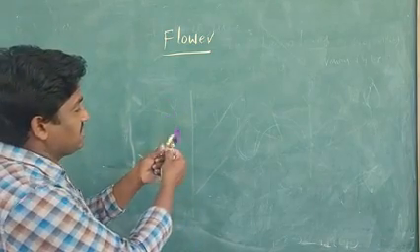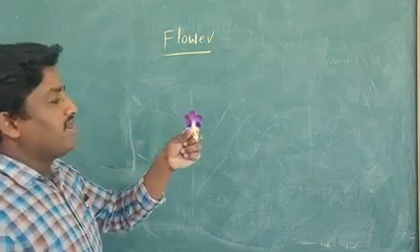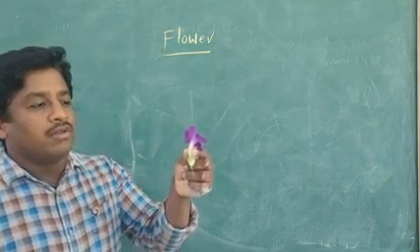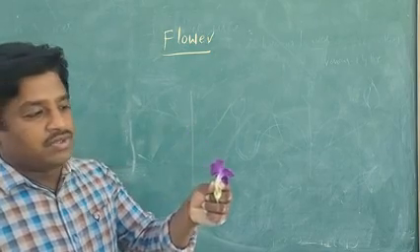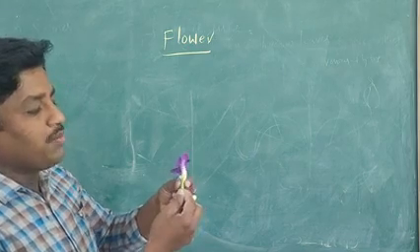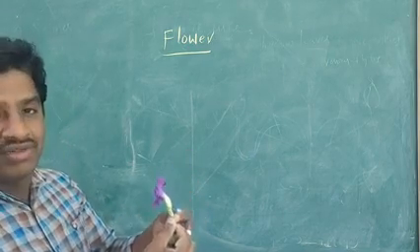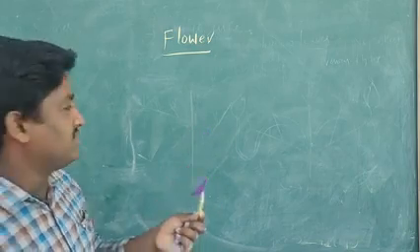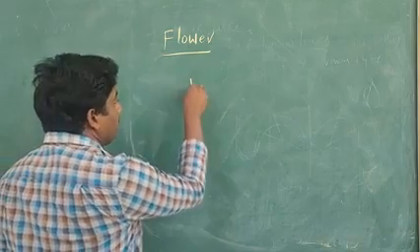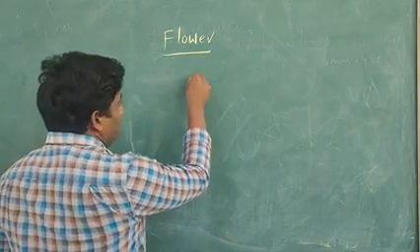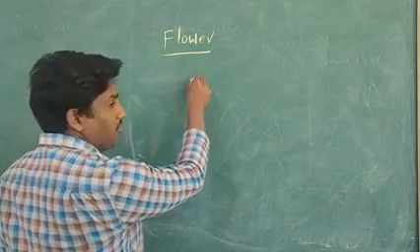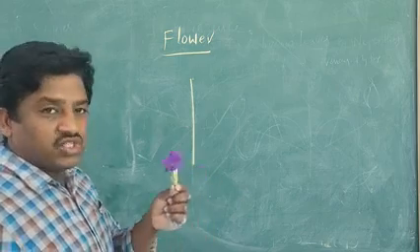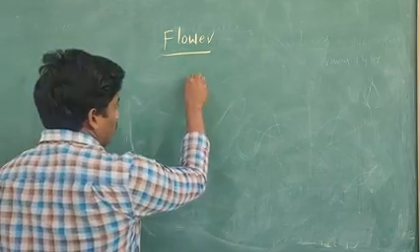So, in the flower structure, the flower is the reproductive unit of the plant. What are the main parts present in the flower? The flower consists of four parts. Basically, the reproductive parts, you can see, are four parts. The main flower parts are arranged in four circles. I will show that.